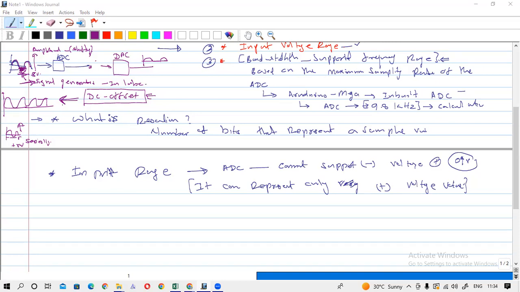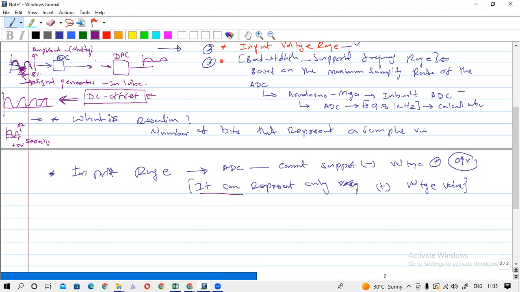You have to give the DC shift to the signal and move it to the plus side. Then you can send it through an ADC and get the whole sampled waveform, the complete waveform. Otherwise, you will get only the plus values.